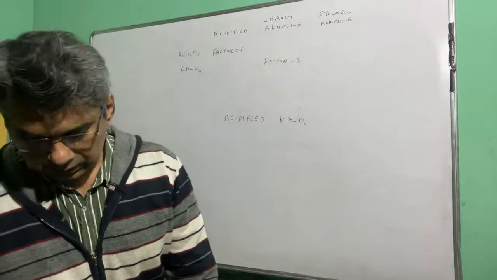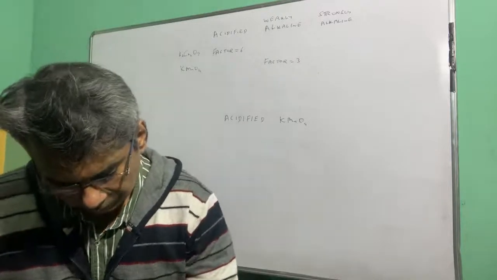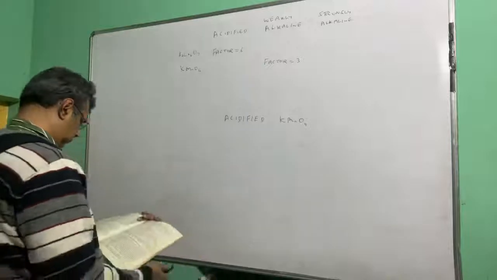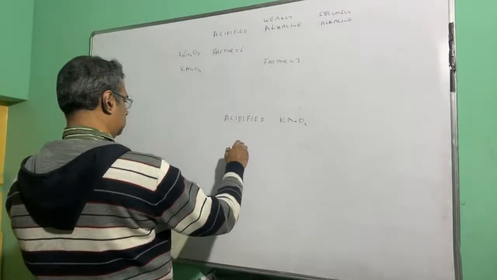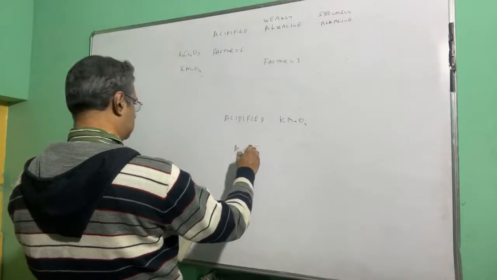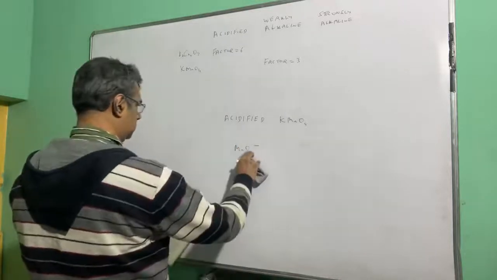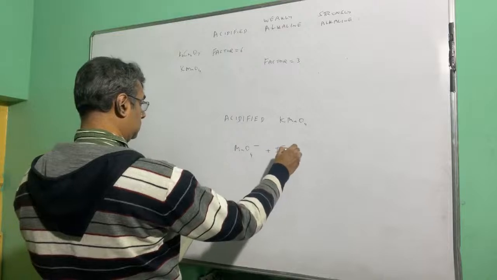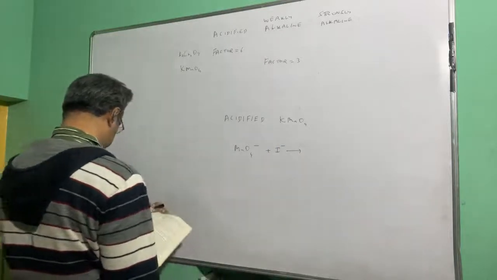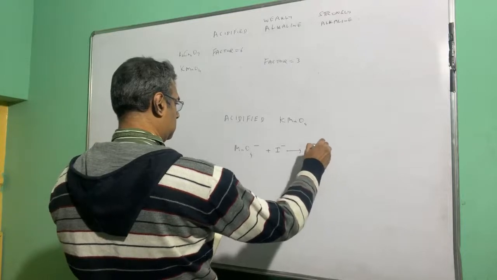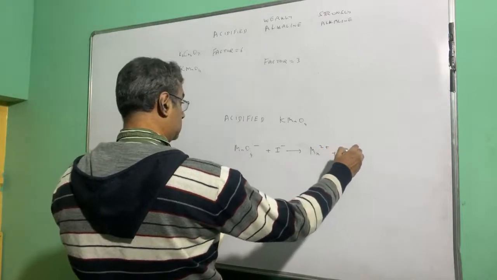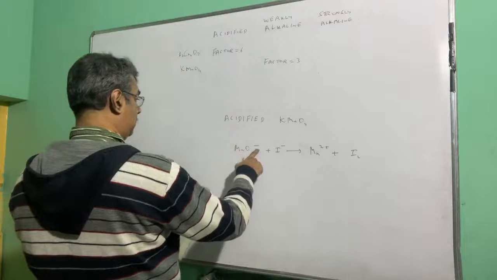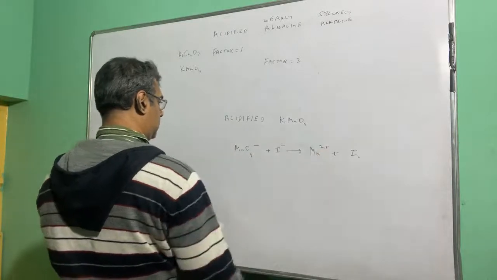So the next one is acidified KMnO4. So MnO4 minus plus I minus is Mn2 plus plus I2.